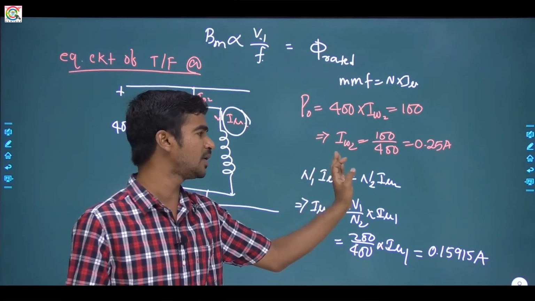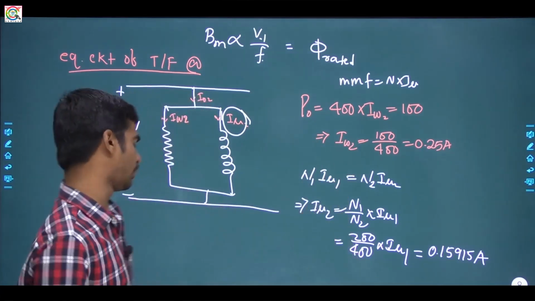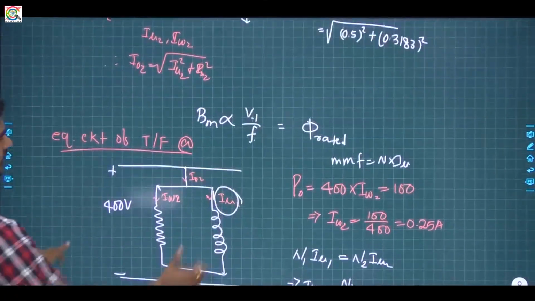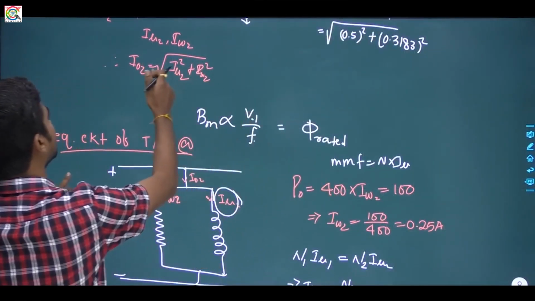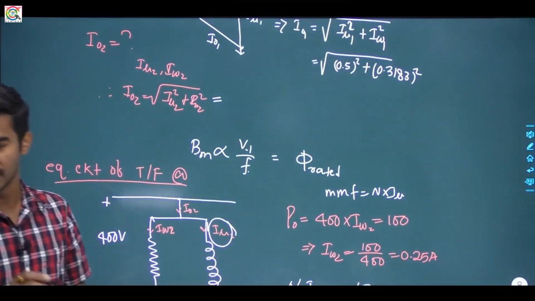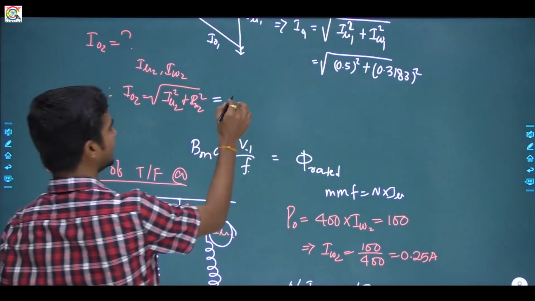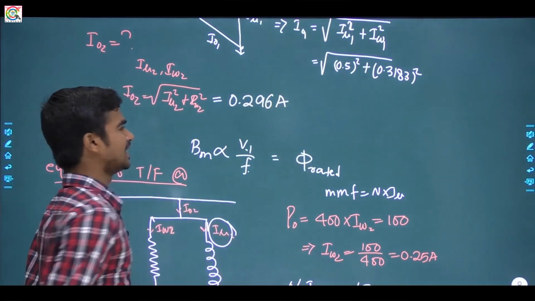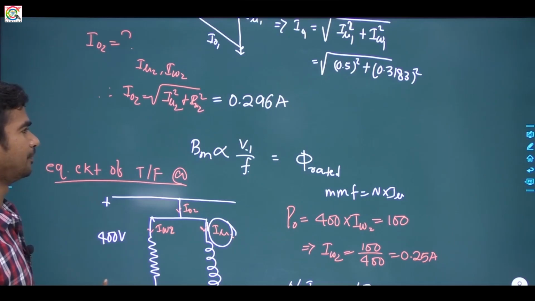So I got the values of Imu2 and Iw2. Now apply the Pythagoras theorem, substitute the values of Imu2 and Iw2 here. After substituting, I am directly writing here, it will be 0.296 ampere.